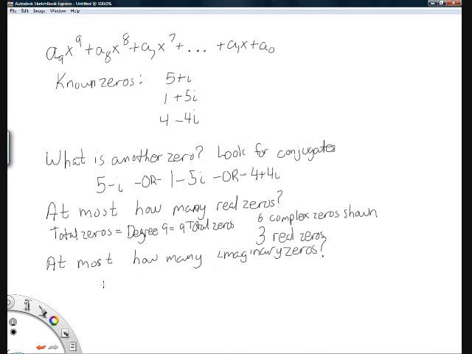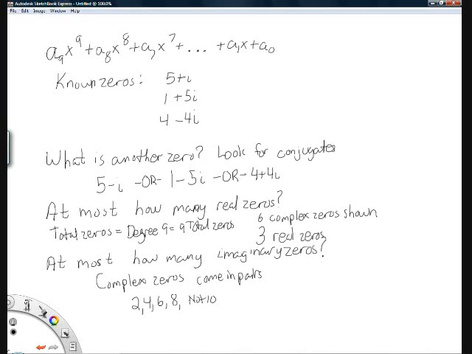So how is it possible to even ask at most how many imaginary zeros? We have 6. Well, in the question it just says these are known. There are 6 known, but there could be more. And we're going to say that the complex zeros come in pairs. So therefore there could be 2, 4, 6, 8, but not 10.